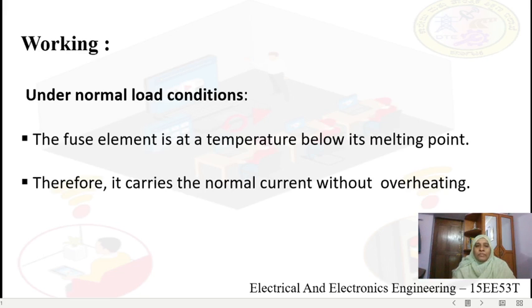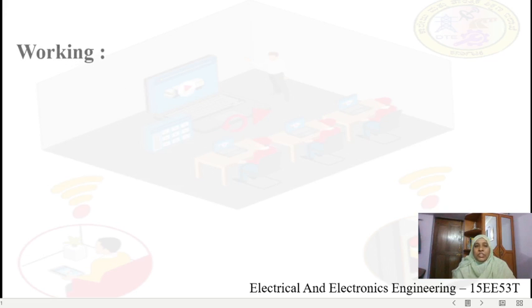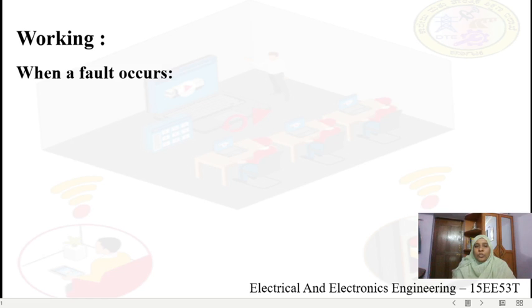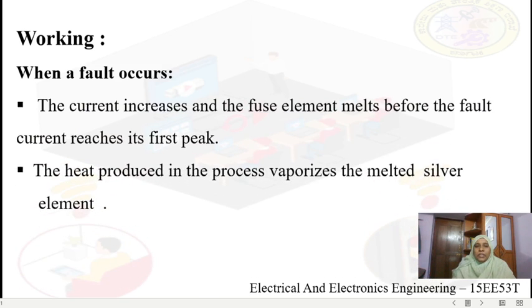But what happens when a fault happens or when the condition becomes abnormal? When the fault occurs, the current increases and the fuse element melts before the fault current reaches its first peak. We know that as soon as the fault occurs, the current rises abruptly to a very high value.